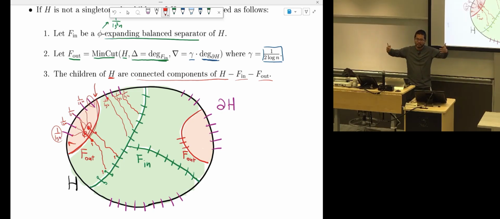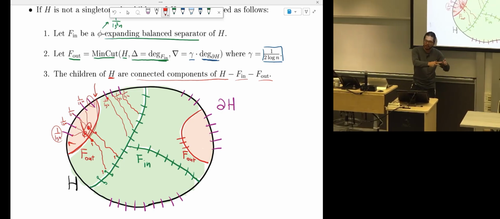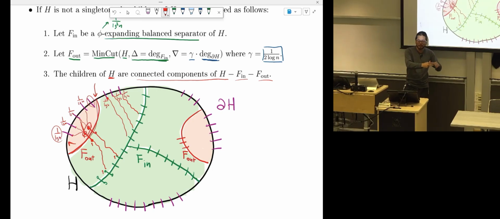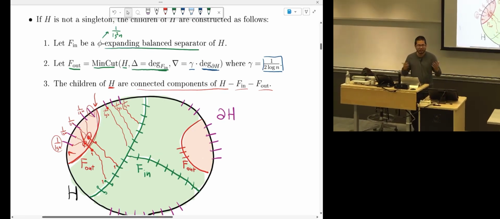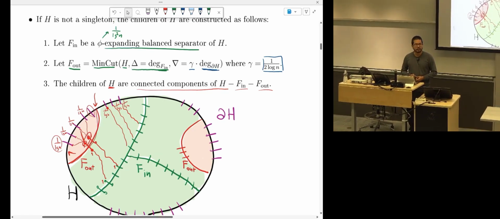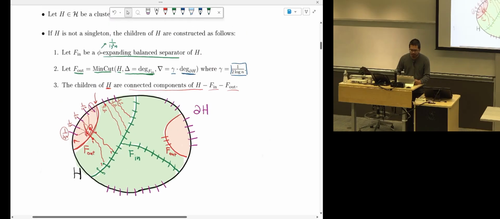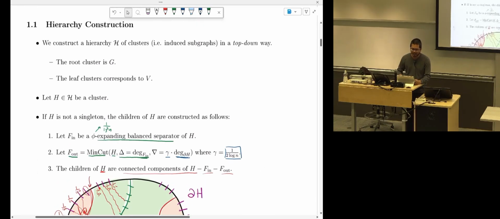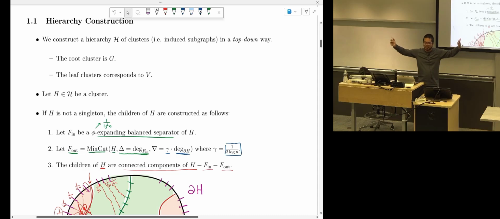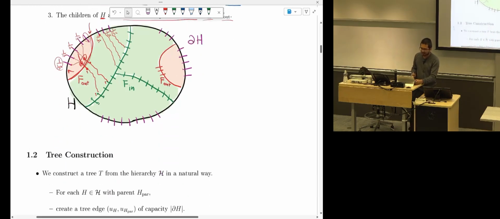And once you define the children, you recurse to recursively build the children of the children and so on. Question about how we build the children of any cluster? Good. So that's how you can define the hierarchy in the top-down way. Just start with the whole graph, compute F out, F in, build the children, and recurse. That's it. And that basically defines the tree.